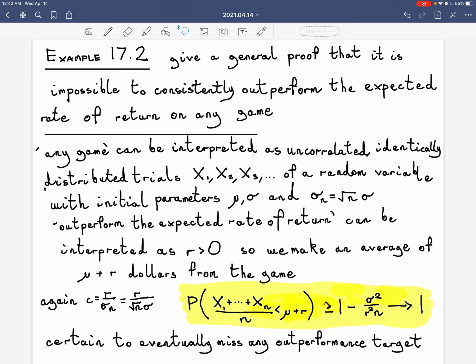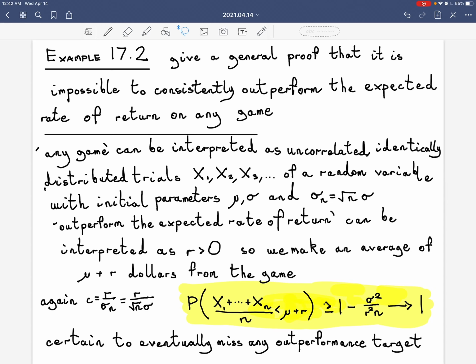And we can perform the same balancing act with the constant in Chebychev's inequality, where we put the rate divided by the long-term standard deviation. And Chebychev's inequality tells us something about deviating from the mean in units of the long-term standard deviation.